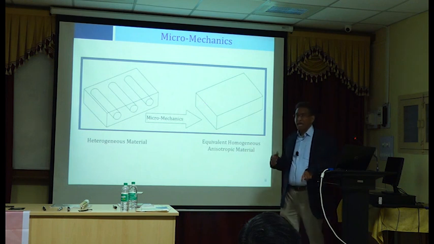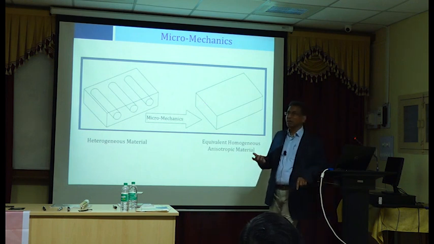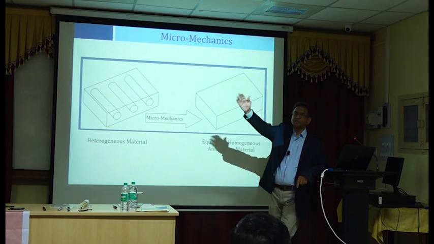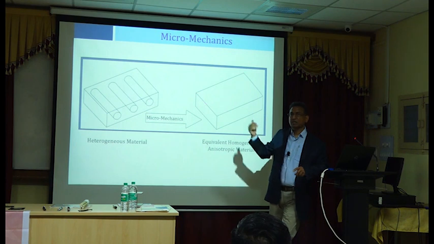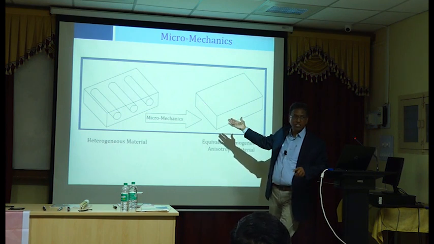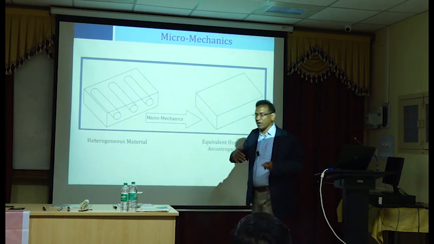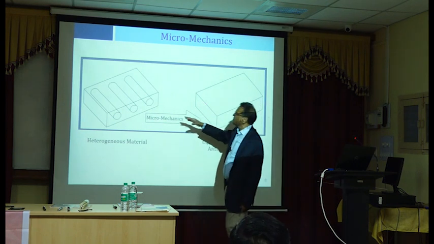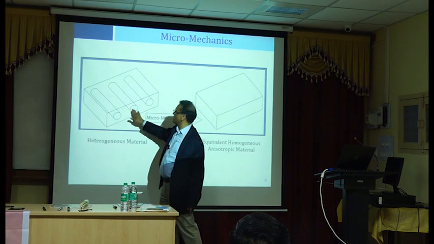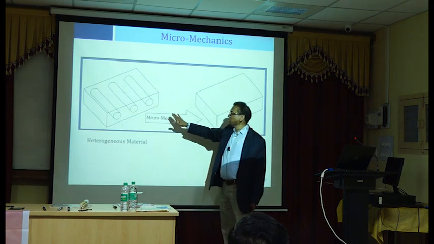Once again, as structural engineers, you and I may not design that. We will leave it to the supplier to give us all the information related to these properties. That's what we will rely on. So micromechanics is a process by which you have heterogeneous arrangement and material properties.